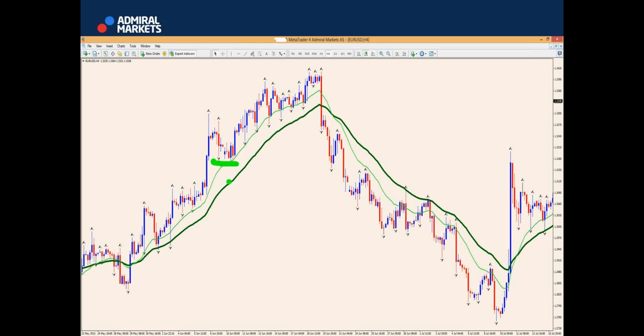And why is that so? Because any fractal that is above the 34 EMA in an uptrend is a fractal which is extended way above the average. Let's take an example of this fractal. That fractal is not a key fractal in my definition. Why? Well, if that fractal gets broken, we technically have a lower low. Does that mean we're in a downtrend, on this 4-hour chart at least?